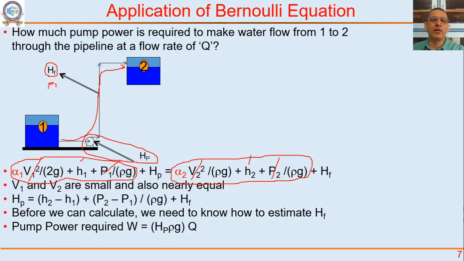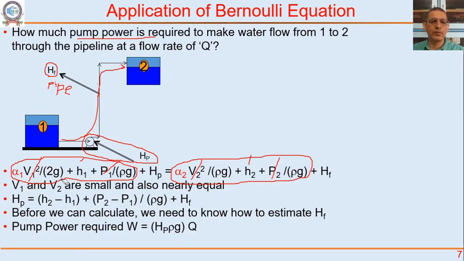So that's the meaning of that Bernoulli's equation, and then we are going to use this Bernoulli equation now to calculate. So the question is, how much pump power is required to make this water go from location 1 to location 2?